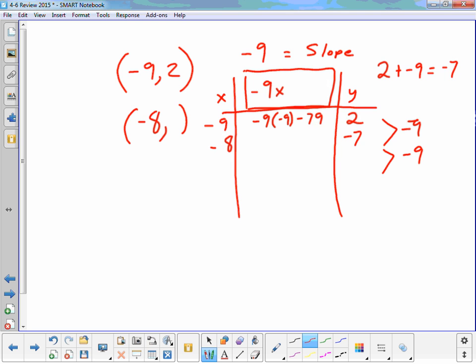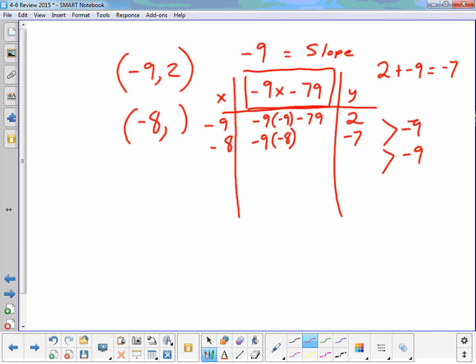Okay, so I now know that my rule, which has to be the same for every single one, is that we're taking -9, multiplying it by X, and subtracting 79. Then I can go in and do the exact same thing for the very next problem. I take -9, which is constant, times our new variable of -8, and I get a grand total of 72.